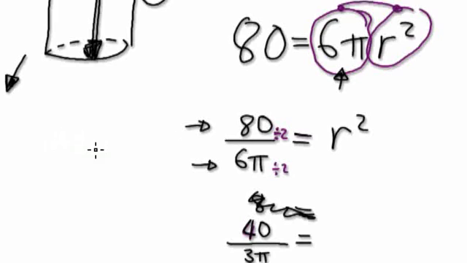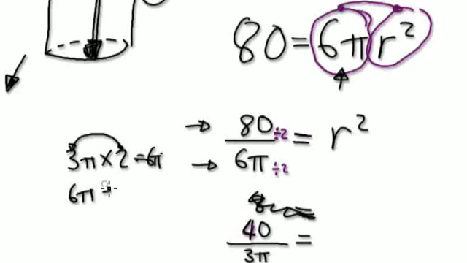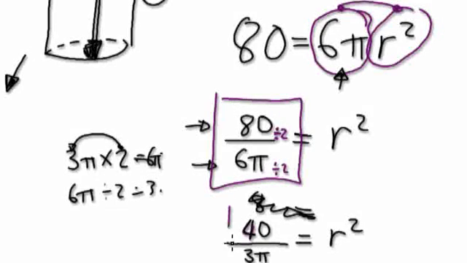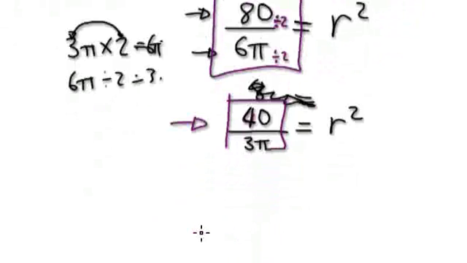Because if you think about it, 6 pi divided by 2 is going to give you 3 pi. So this fraction is the same as this fraction here, but this one's a lot neater because it's simpler.